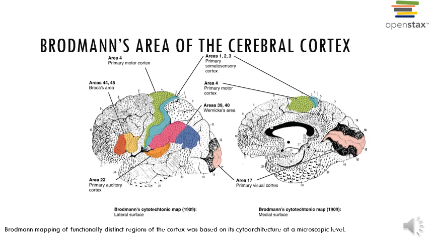So our illustrations here are actually Brodmann's original illustrations, and the publishers have superimposed some colored areas over them. And you'll see some names, and you'll see some indications of where these locations are.